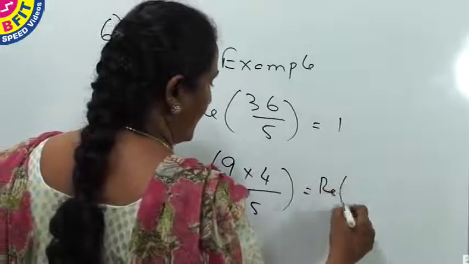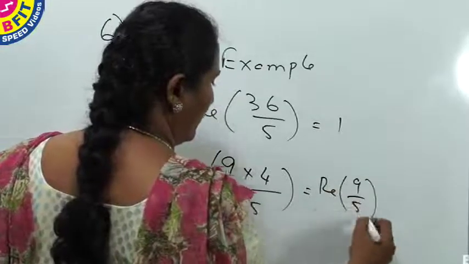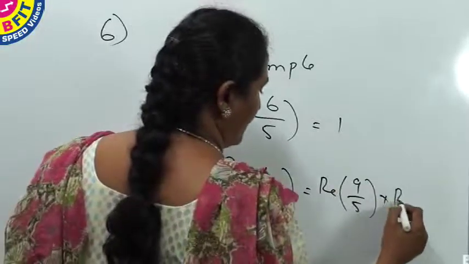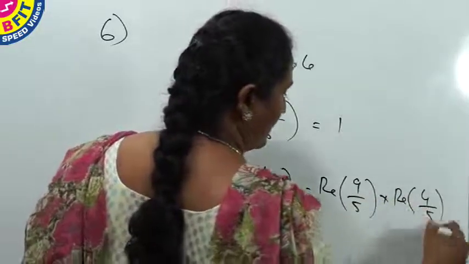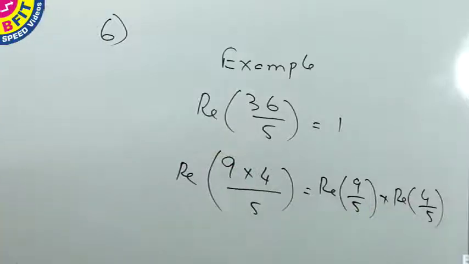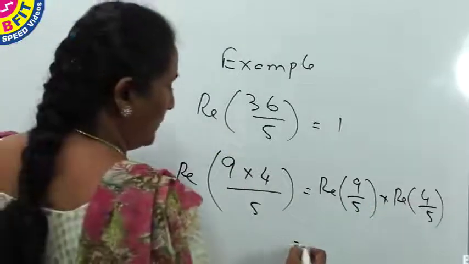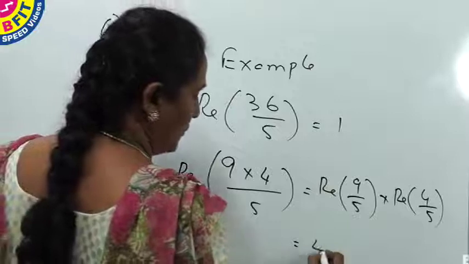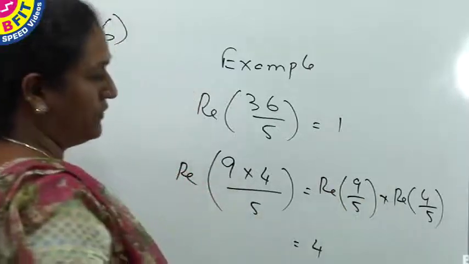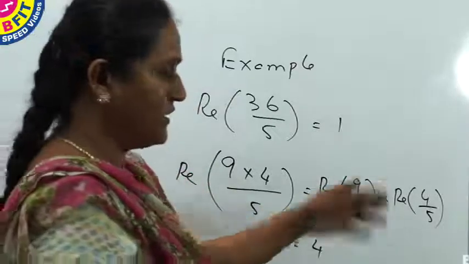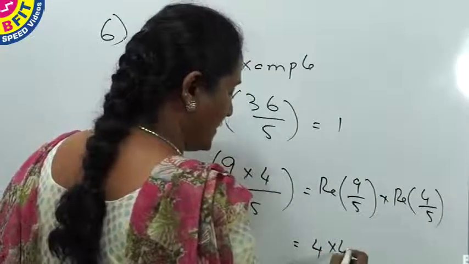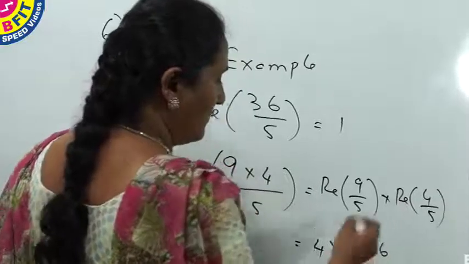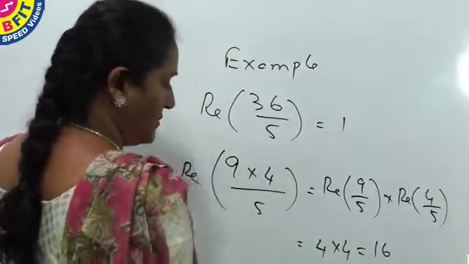So this is the remainder of 9 divided by 5 into the remainder of 4 divided by 5. When you divide 9 by 5, the remainder is 4, and when you divide 4 by 5, as 4 is lesser than 5, the remainder will be 4 as such. So you have 16, the product, which when divided by 5 again gives remainder 1.